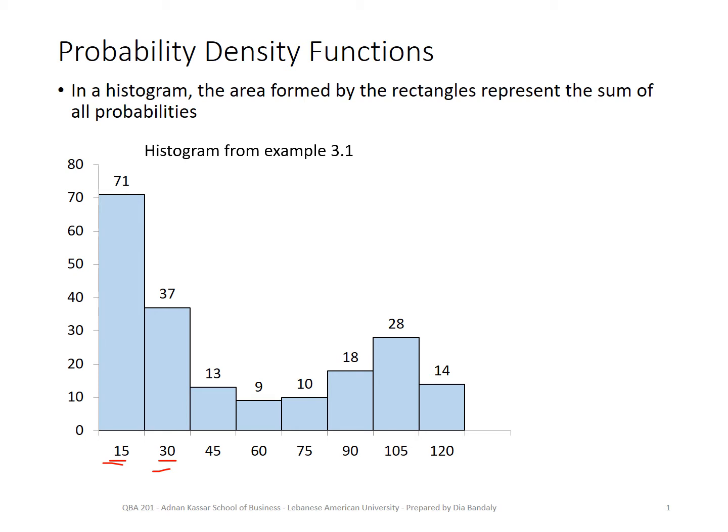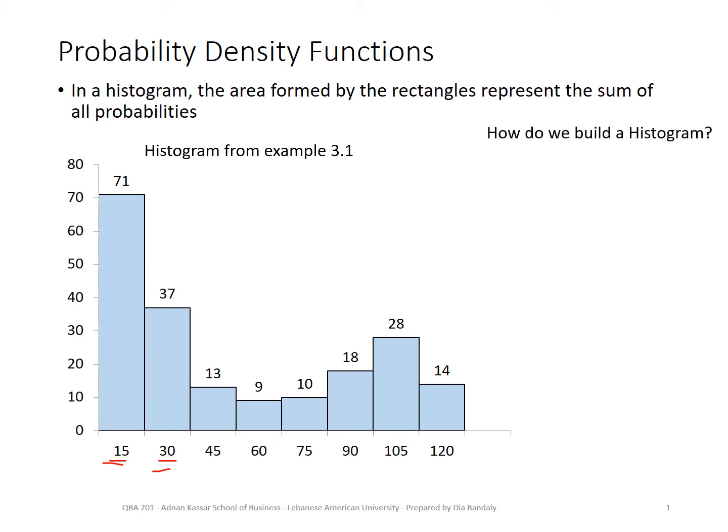So we are saying here that in a histogram, the area represents the sum of all the probabilities. Let me show you how this is true, and we're going to build on that. It's a very, very important concept.